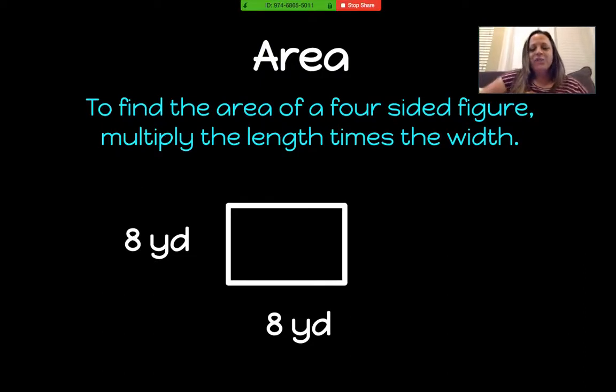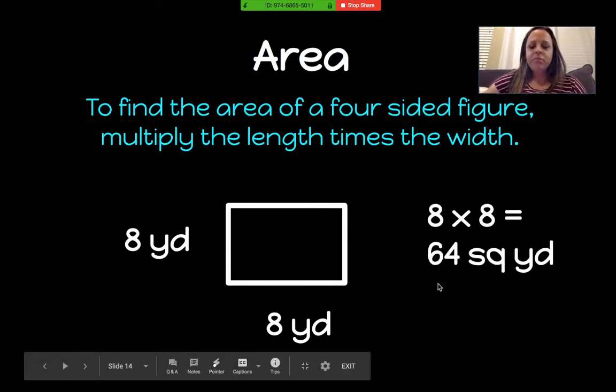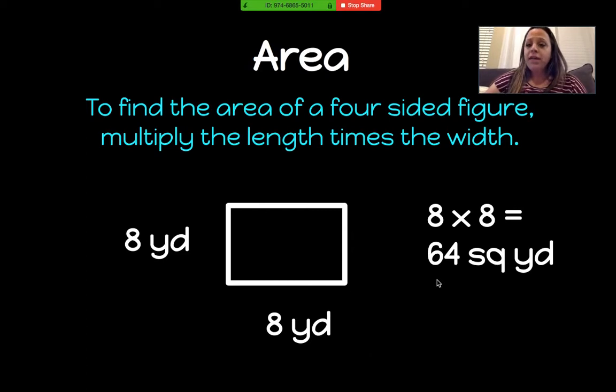Okay, so now I want you to try this one so you can pause it and then check with me. So to find the area of this shape, we would simply do 8 times 8. This is actually a square. And hopefully, if you remember your math facts, 8 times 8 is 64. And it is yards, but we have to add SQ.